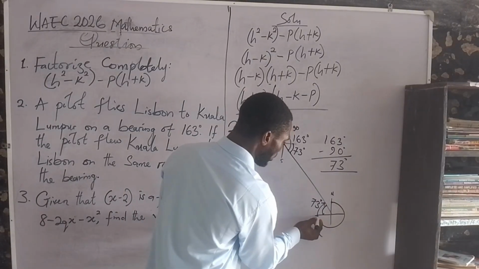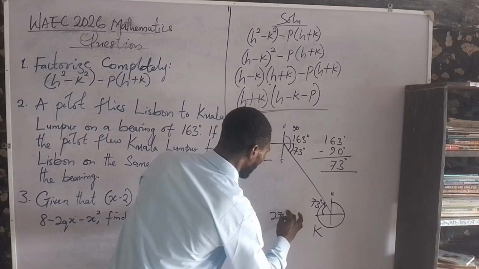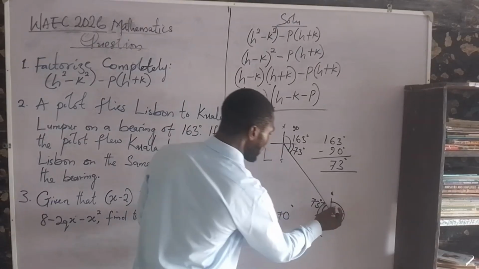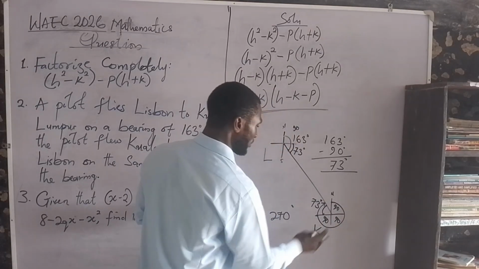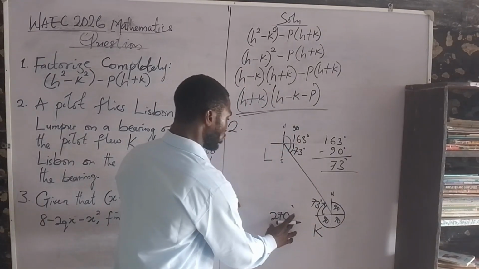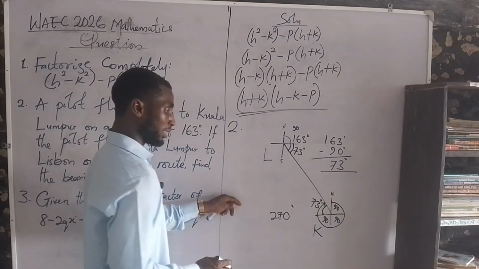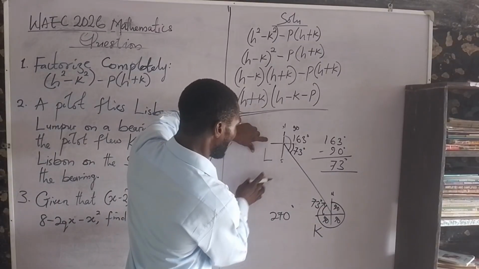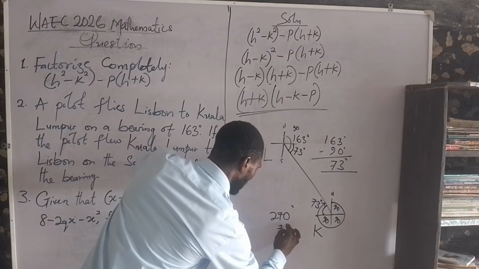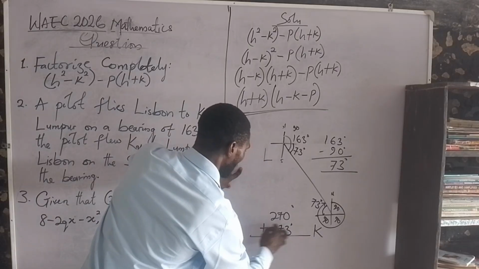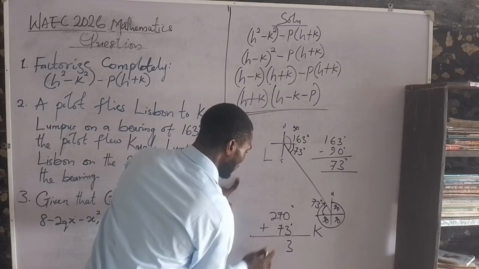Now from our north pole to this west pole, it's going to be 270 degrees, because here is 90, here is 90, here is also 90. When you add all the 90s together, it gives you 270 degrees. So what we are going to add next is this 73 degrees to get our bearing of Lisbon from Kuala Lumpur. So plus 73 degrees. When we do that, we have 3, 7 plus 7, that's 14.